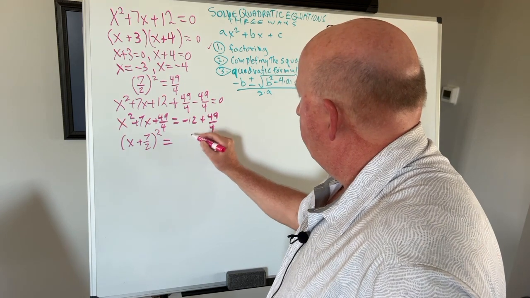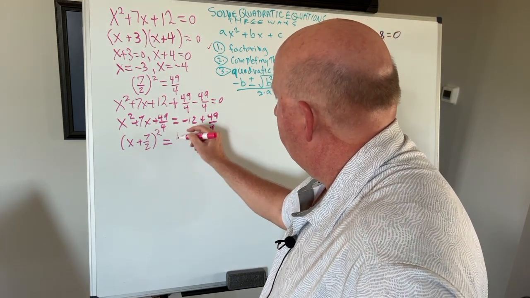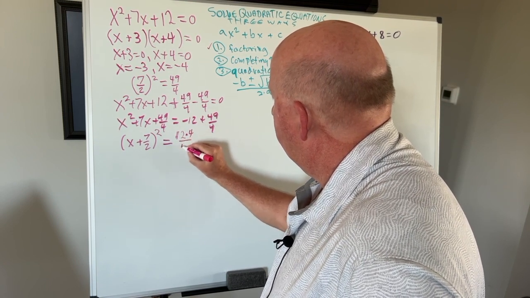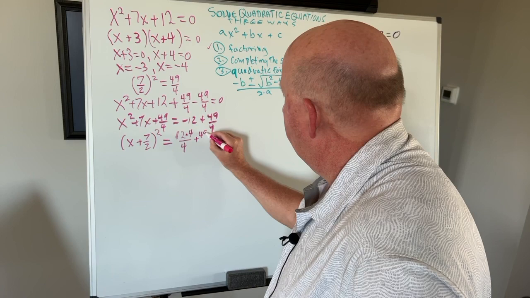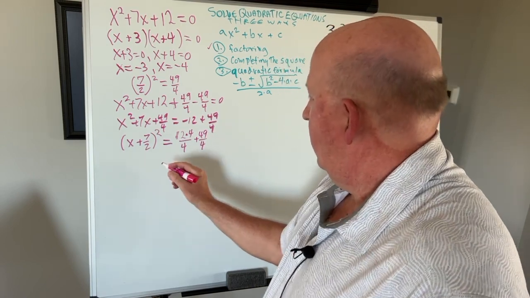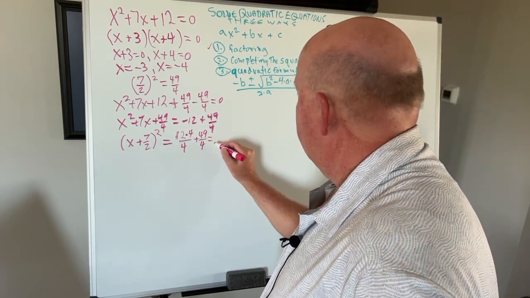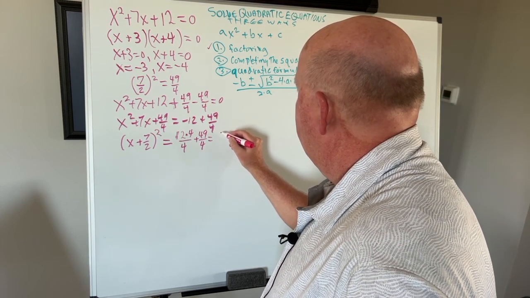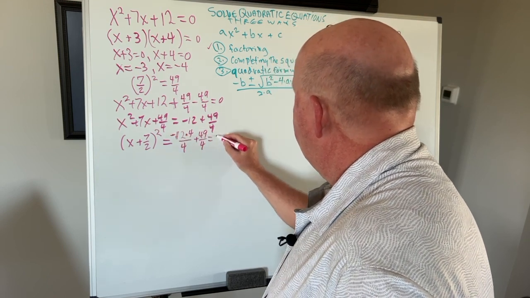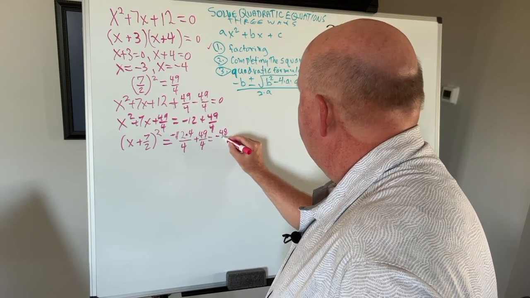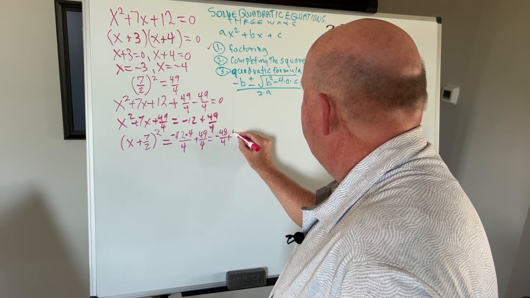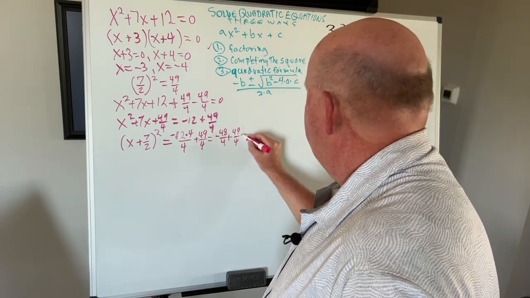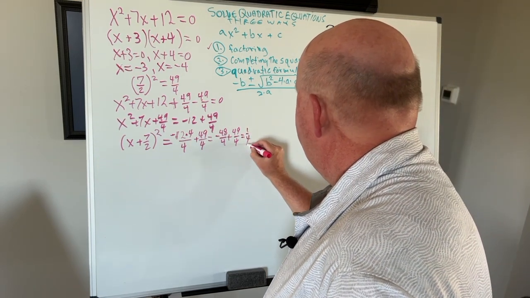So I'm going to take 12 times 4, over 4, plus 49 over 4. Actually, that's negative. So that's negative 48 over 4 plus 49 over 4, which equals 1 over 4.